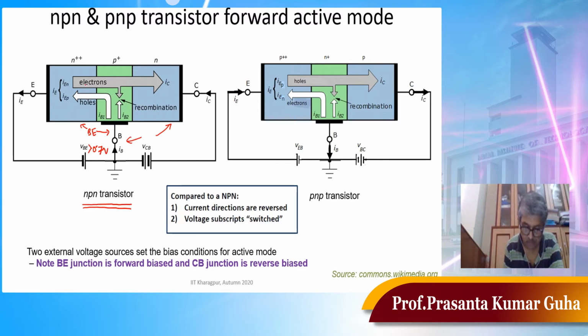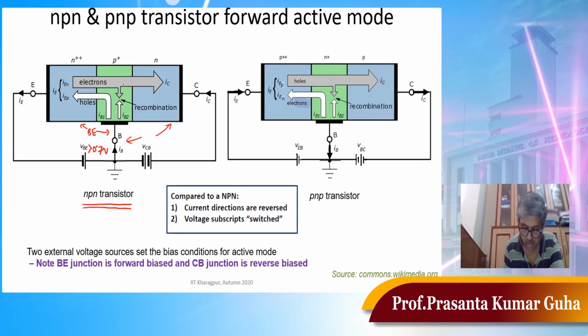Now, apart from this phenomenon, there is another thing that will happen. Of these electrons which manage to cross this base emitter junction, some of them will interact with the holes present in the base, and the electrons and holes will recombine. What about the rest of the electrons?